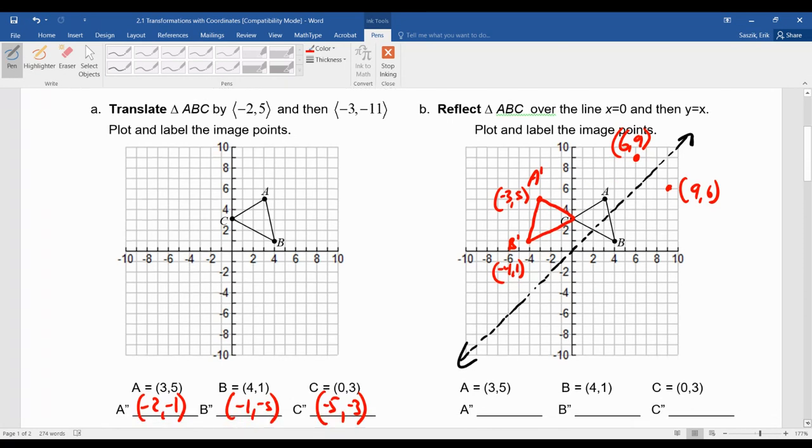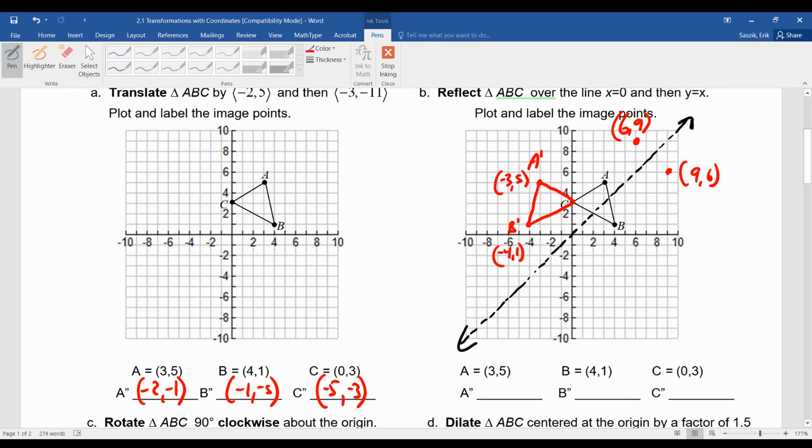So if I flip-flop over this, A prime is going to end up in quadrant 4. Okay? So we know that we have to change these. But in quadrant 4, the y value is negative. If I flip-flop this, watch this perpendicularly. Boom, boom. I'm going to end up in quadrant 4 as well. So these have to change.